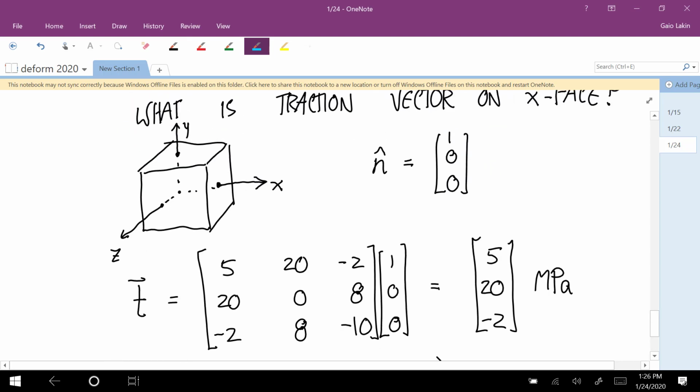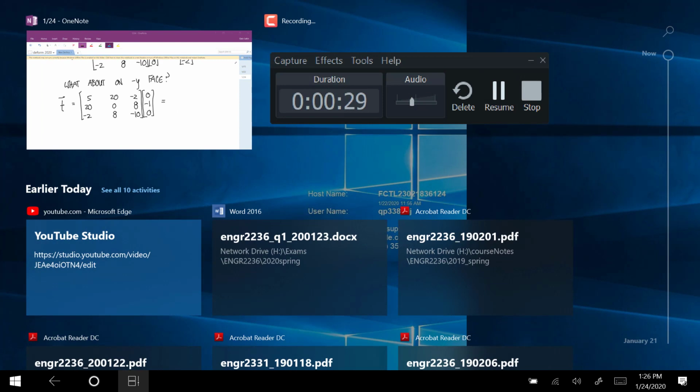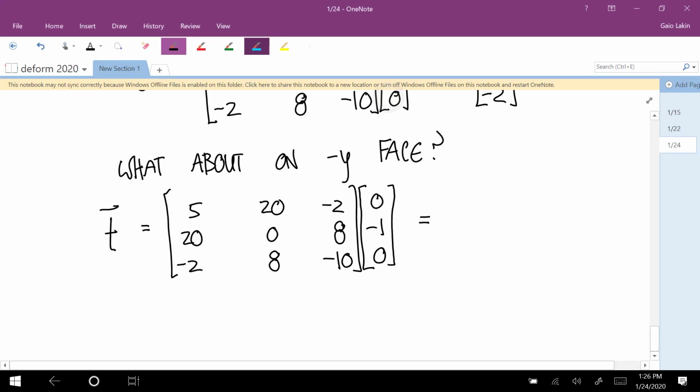The negative y face is the one that we can't see underneath. What's an outward facing unit normal for that face? 0, negative 1, 0. And so we multiply by 0, negative 1, 0. And we get the vector, and yeah, so negative 20, 0, negative 8.